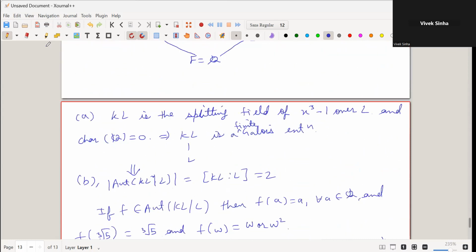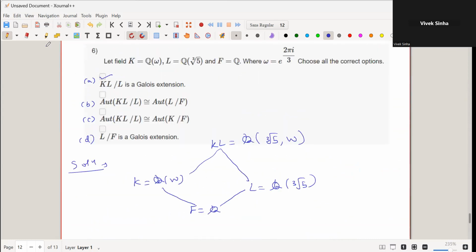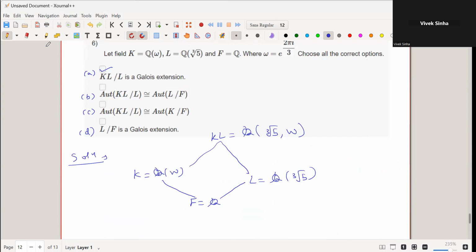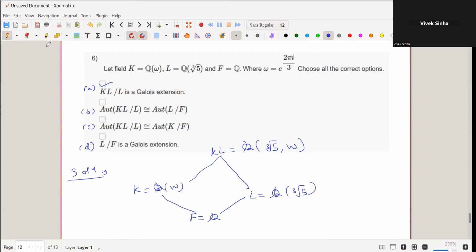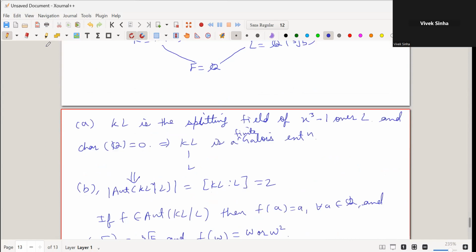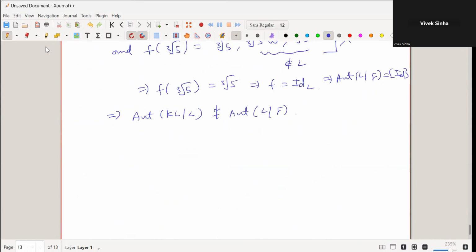Now the third part is automorphism of KL over L and of K over F. So yes, K over F, you can see, is a Galois extension. For K over F, in fact, we can directly compute.